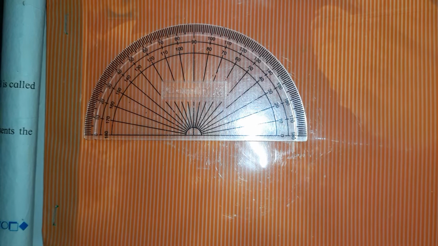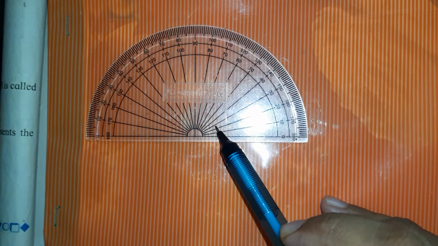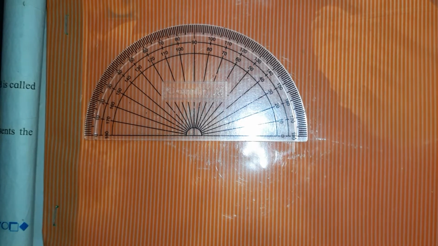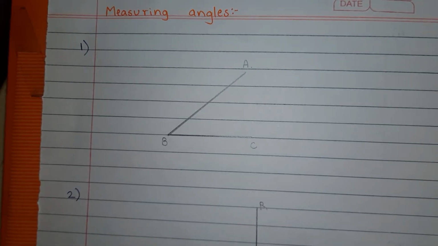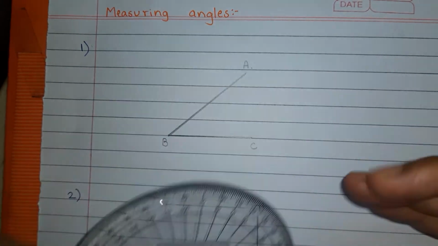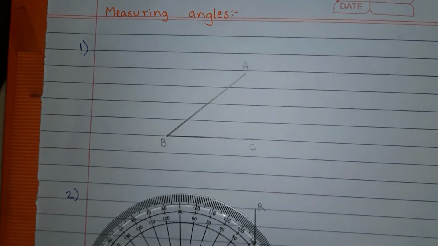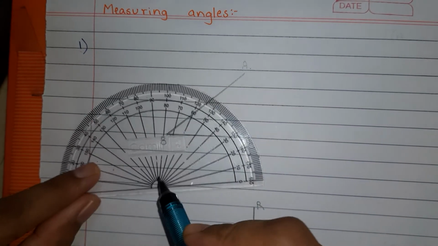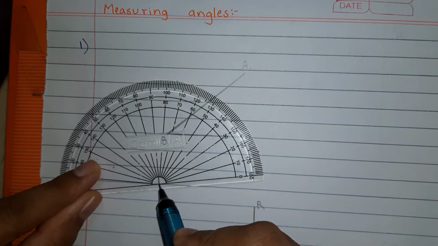Now let's see how to use this protractor for measuring the given angle. So here some angles are drawn, and by using the protractor we are going to see how to measure the angle. So very first step is this center of the protractor.